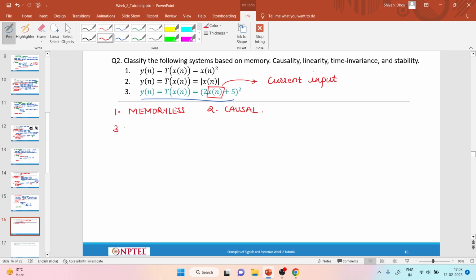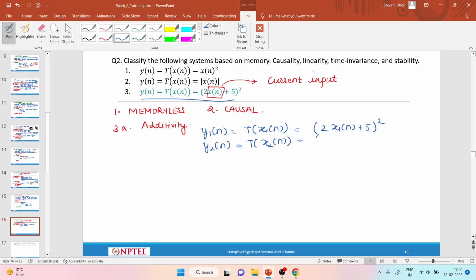Now let us look at additivity. Suppose my y1 of n is equal to T times x1 of n. This will be equal to 2 times x1 of n plus 5 whole square. Similarly, let's say my y2 of n is the output for input x2 of n, which is equal to 2 times x2 of n plus 5 whole square.